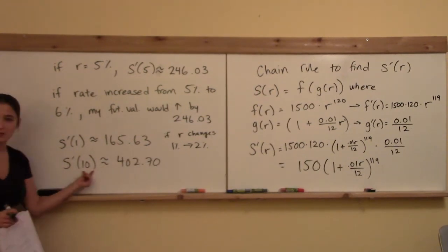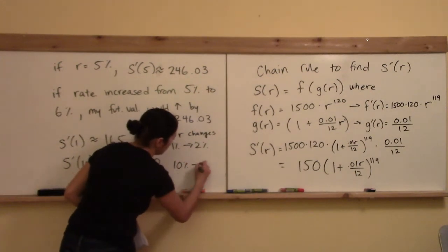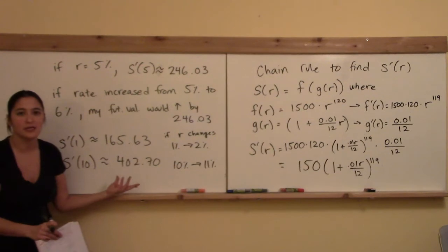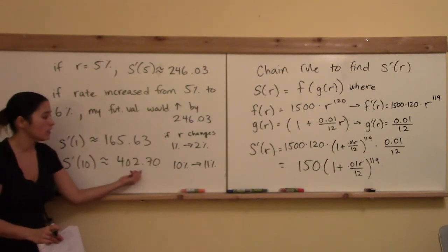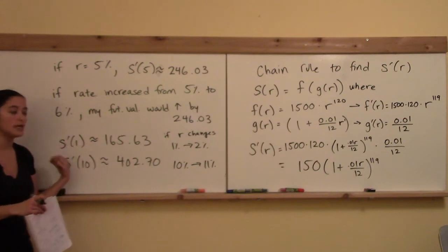Okay? And what this one says, s prime of 10, is that if r changed from 10% instead, went to 11%, then my nest egg would have been worth $402.70 approximately more than what it was at 10%.